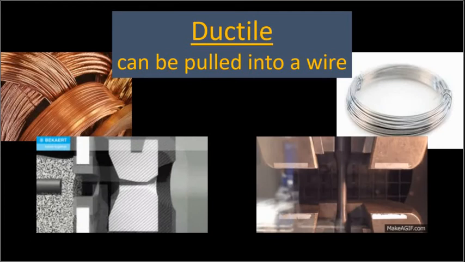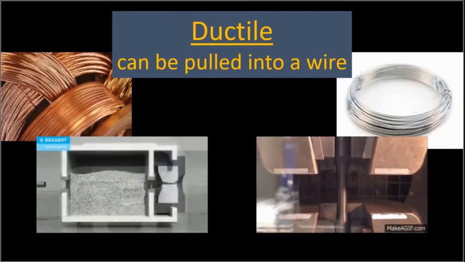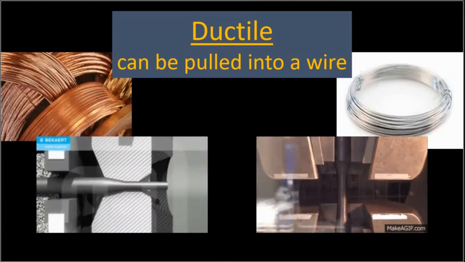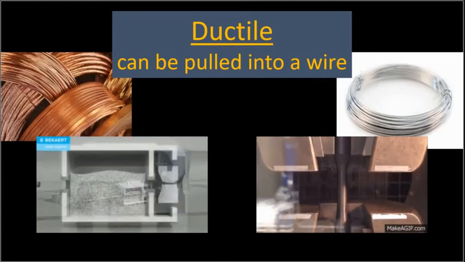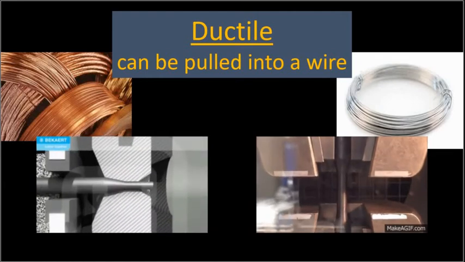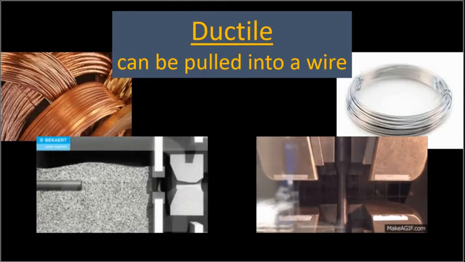Okay, second, we have the fact that metal is ductile. It can be pulled into a wire. And you can see right here, as the metal comes through into this machine, it actually simply changes shape as it's being pulled.